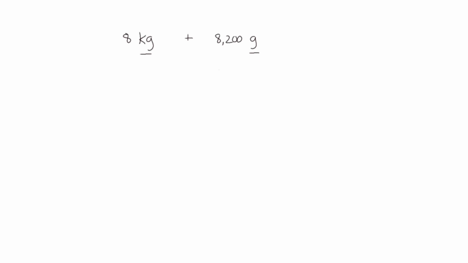So for this one thing we could do is turn the 8,200 grams into 8 kilograms and 200 grams. Then we could add the kilograms together and end up with 16 kilograms, 200 grams.